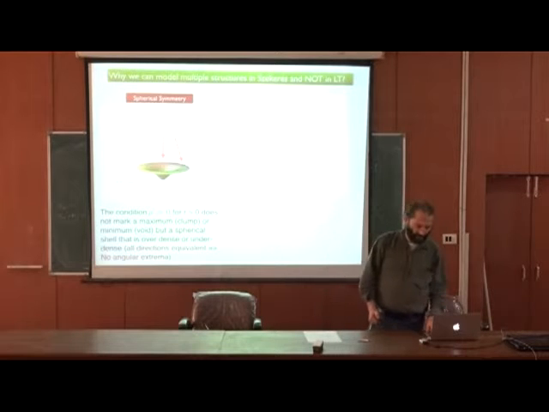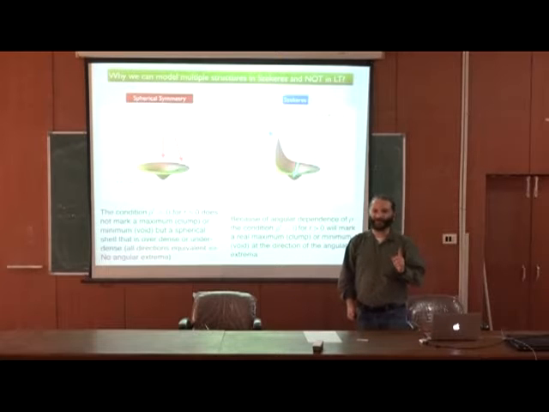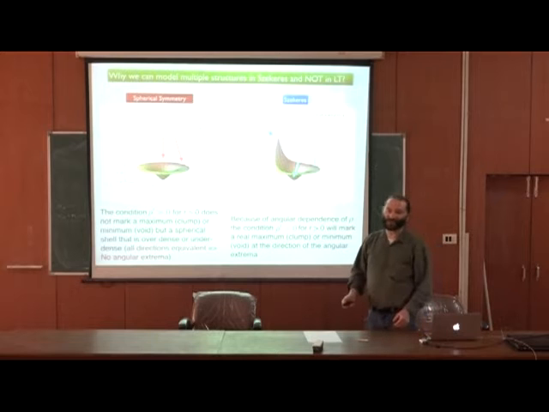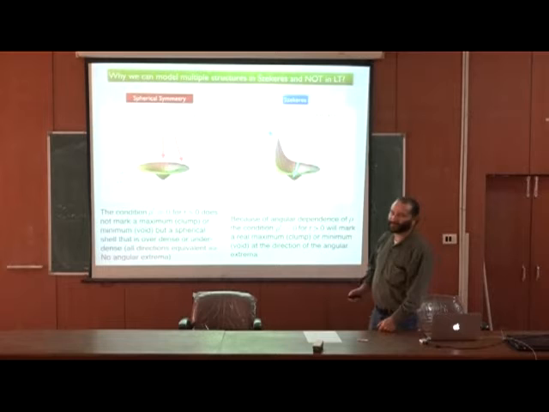Now, what happens with Zacharias? Because of the angular dependence, this profile need not be replicated in all directions, and you can choose it so that it is replicated with different intensities in different directions, so it will allow you to describe a second extremum here, right?